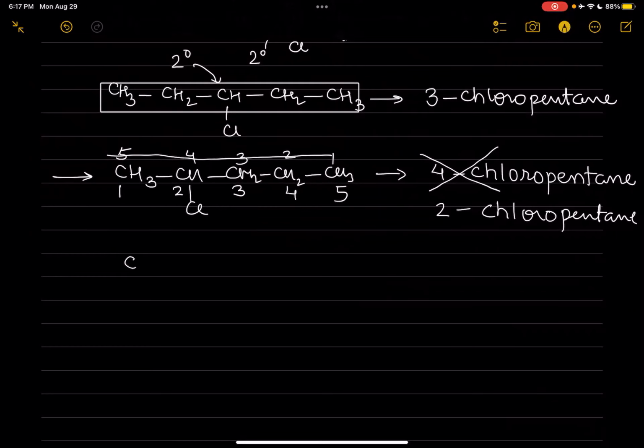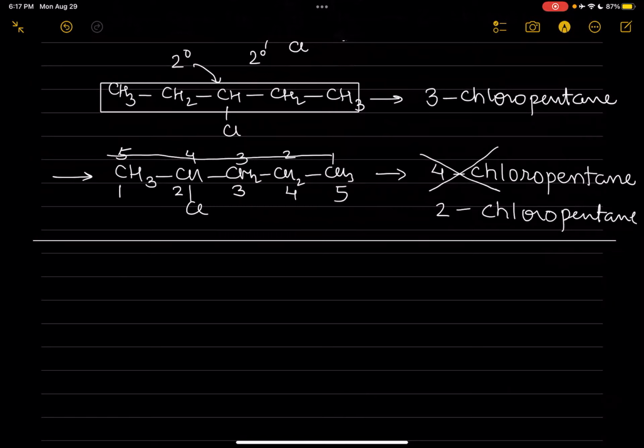And what about this one? Is this a pentane?